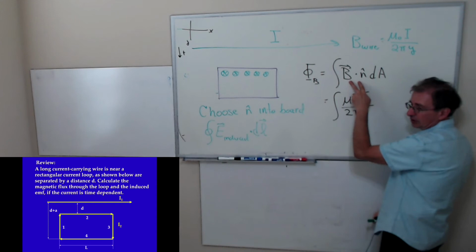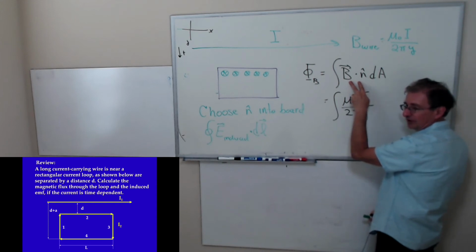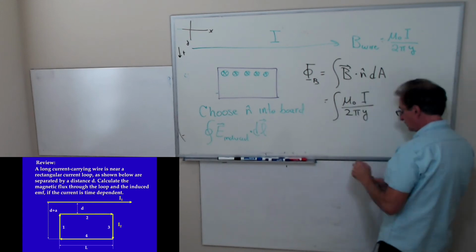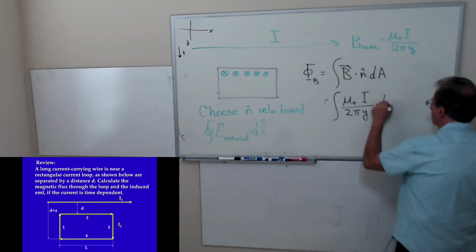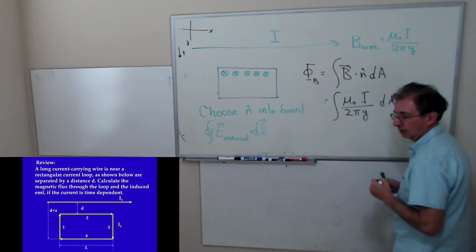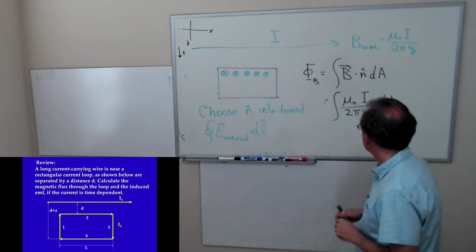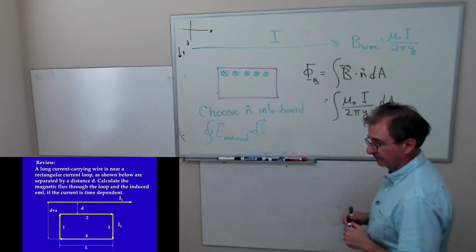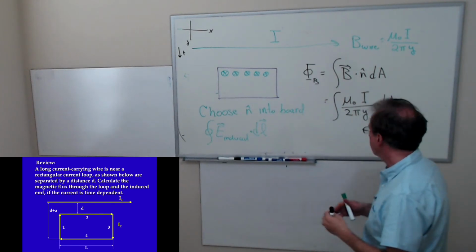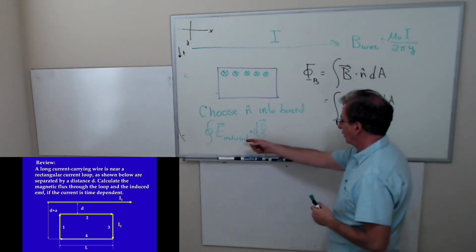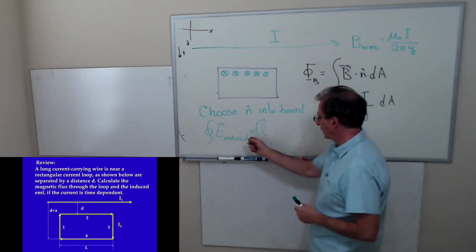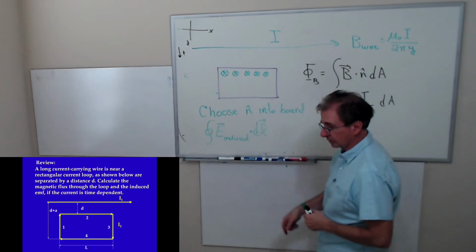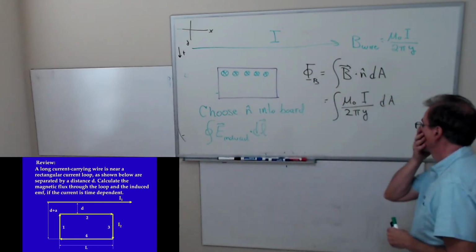The dot product gives me a cosine of 0, and cosine of 0 is 1. So then I can just do this. But again, that would imply that when I do the integral of E dot dl, I would be integrating clockwise.